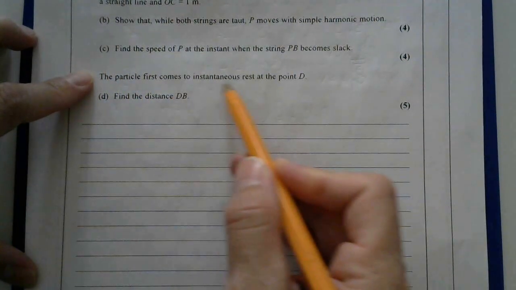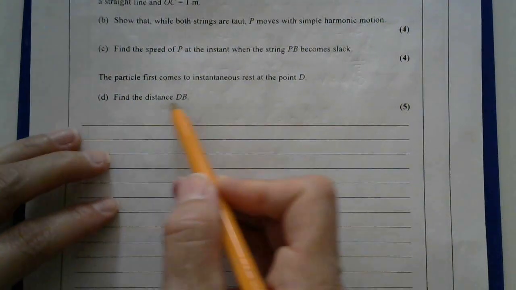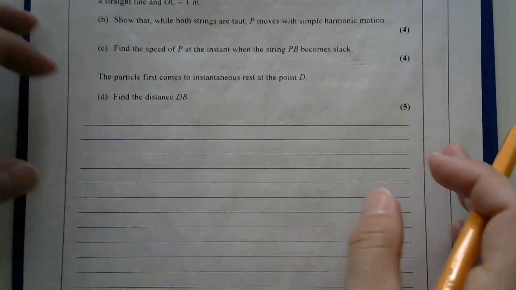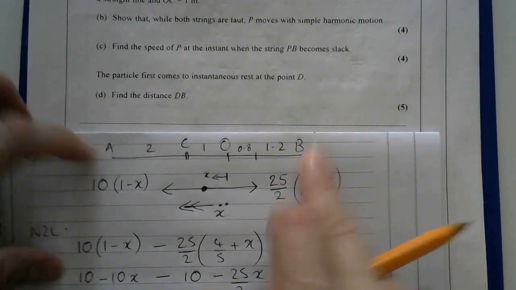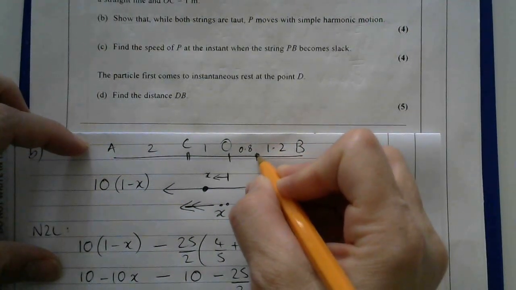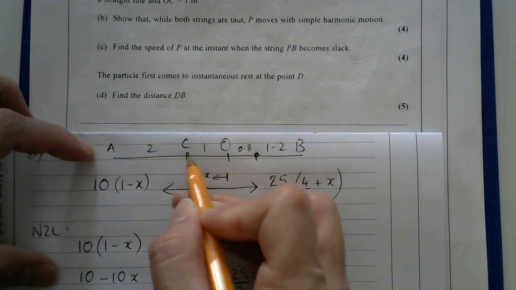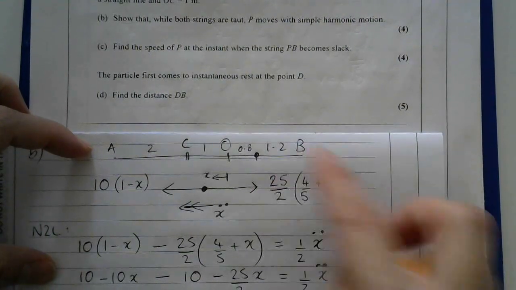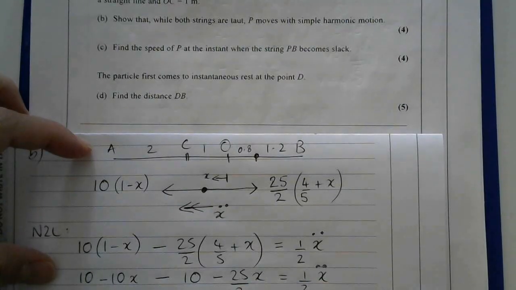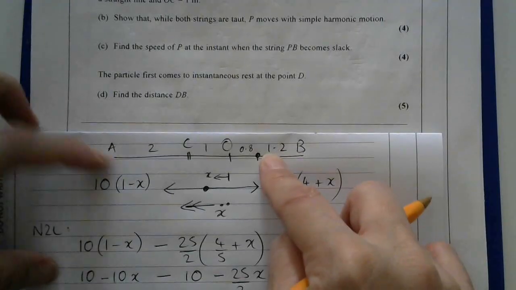Then finally, I'm told that the particle first comes to rest, instantaneous rest, at point D. Find the distance dB. So B was that end point over here. I've just worked out the speed when it's here. And so what is going to happen? Well, once this string becomes slack, then the simple harmonic motion that was governing the motion up until now no longer stands.